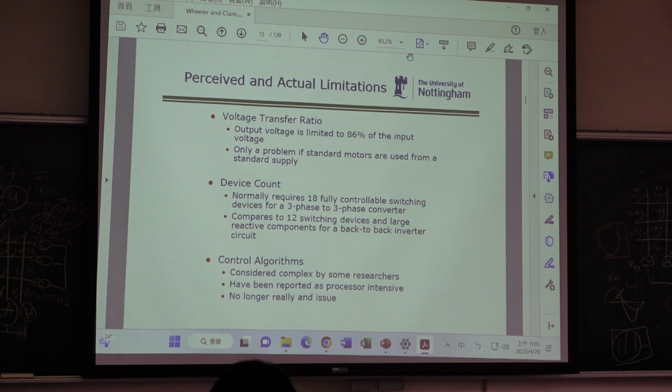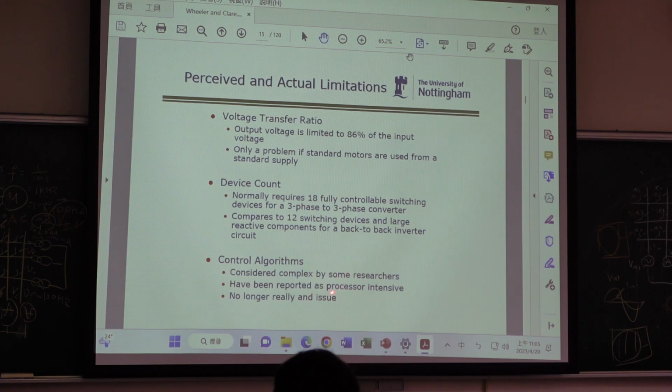Control everything. We like DC because DC is easy to think. We don't like AC to AC. It is too complicated. So we prefer DC to AC, not AC to AC. And then we have to rely on DSP to compute T1, T2, T3. It is quite complicated.